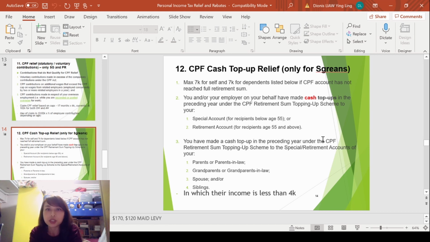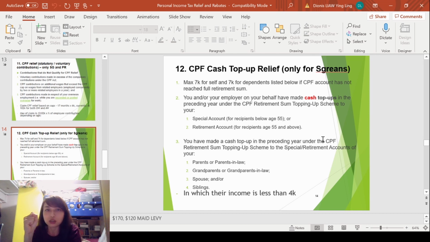Okay, so to qualify for this CPF cash top-up relief, you or your employer have to have made a cash top-up. So it cannot be like you transfer money from your CPF account to your mom's CPF account. This doesn't work. Then if you have made a cash top-up to your parents-in-law, grandparents-in-law, spouse or siblings, whose income is less than 4K, you can also claim the 7K for the dependent one.